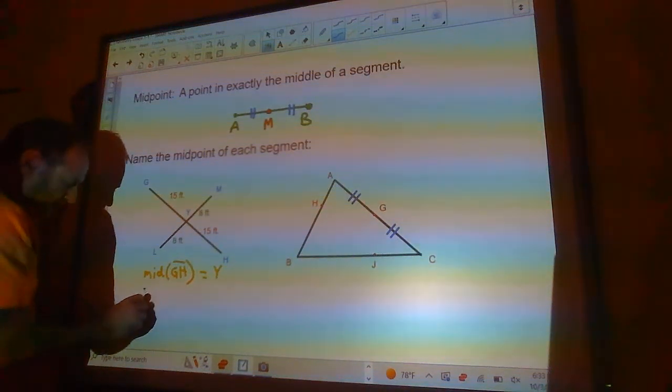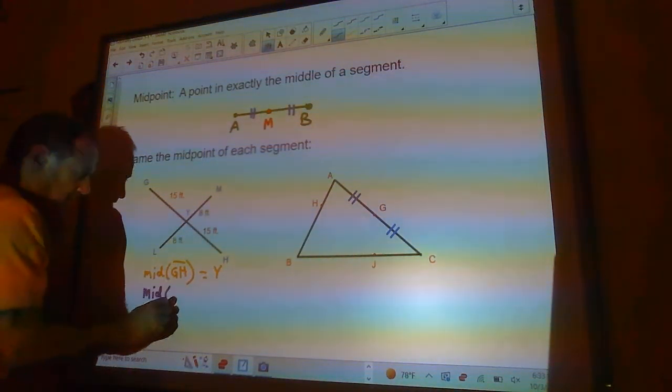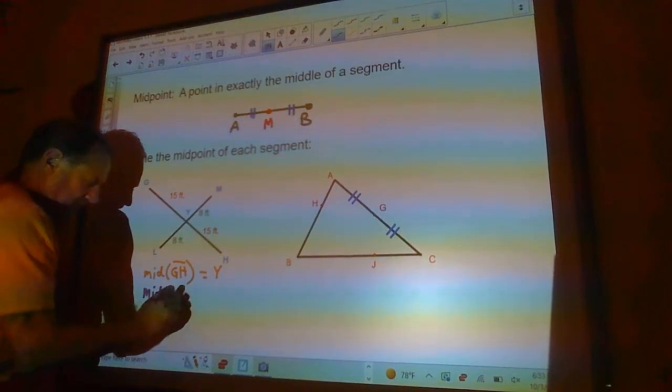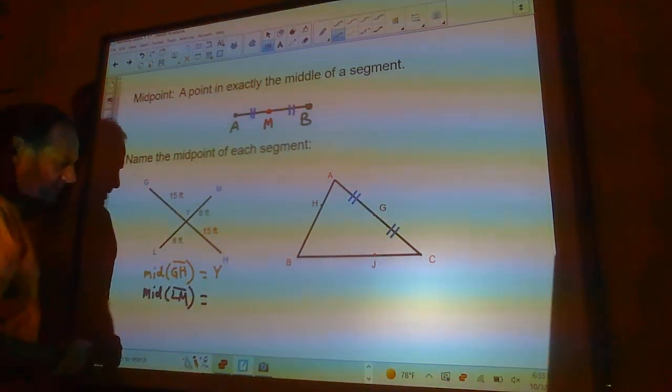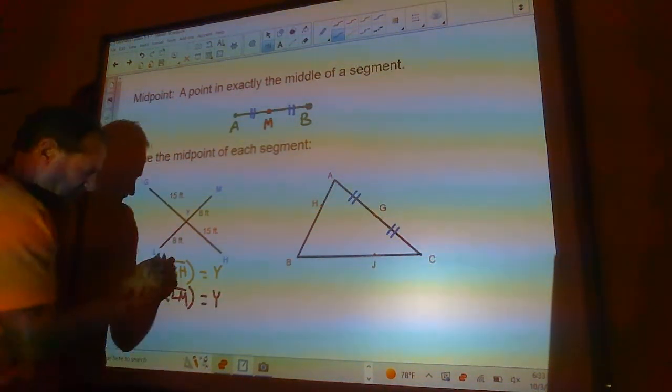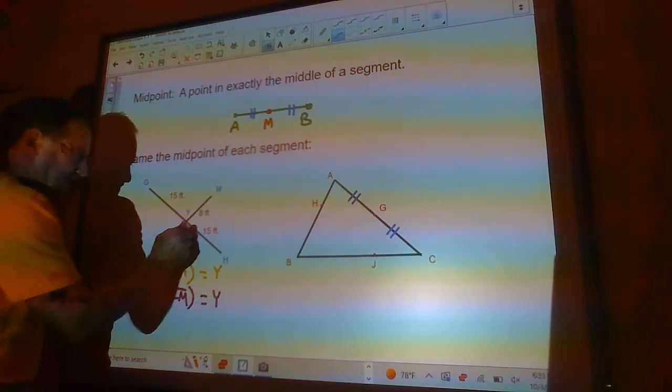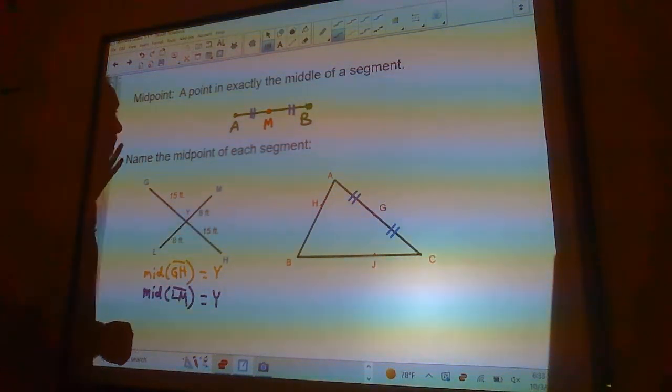Now, the midpoint of segment LM would also be Y, because it's 8 feet from L to Y, and 8 feet from Y to M.